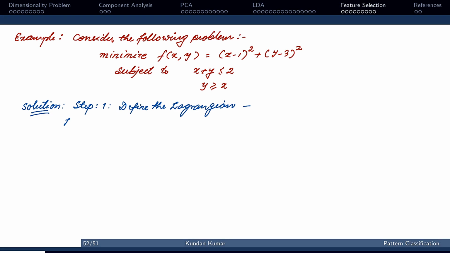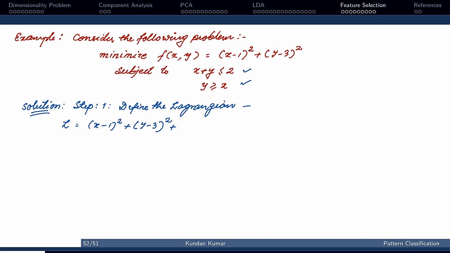The Lagrangian is equal to the objective function plus the weighted sum of the constraints.